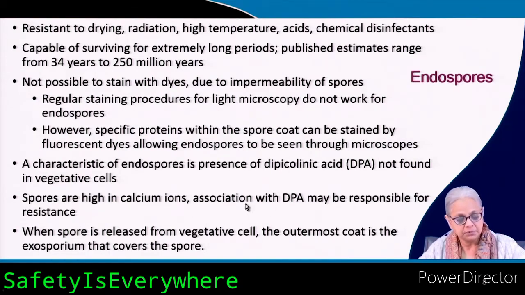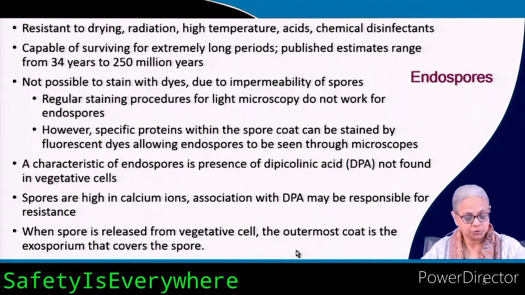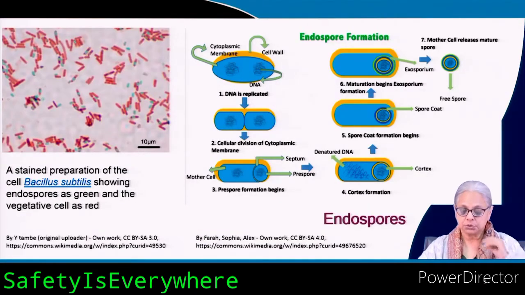And the calcium is assumed to be associated with DPA, and that may be providing resistance of the endospore to all these hostile conditions that are mentioned at the top. When the spore is released from the vegetative cell, the outermost coat is called the exosporium that provides protection to the spores. So let's just go to how endospores are formed.